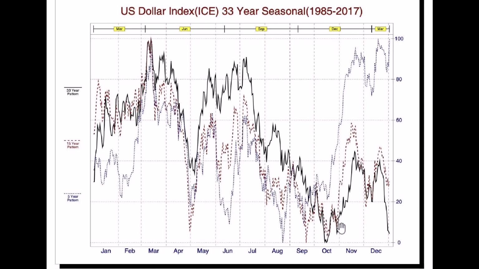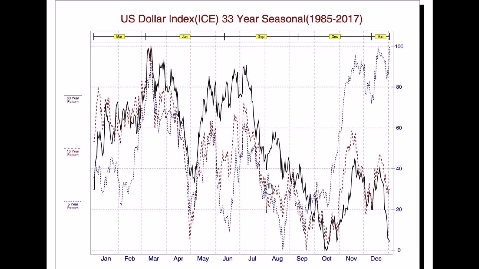So I'm expecting much higher prices in the next coming weeks after this little dip down, and November to December potentially making the high of the year on the dollar index, which we'll get to in a moment, but I wanted to first start off here.